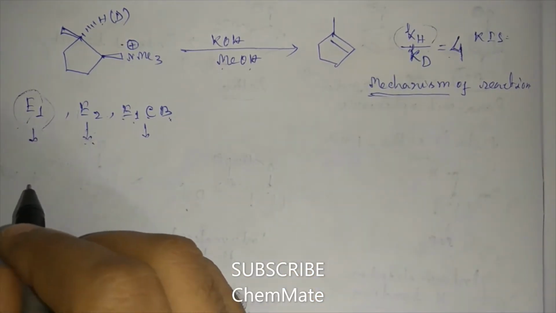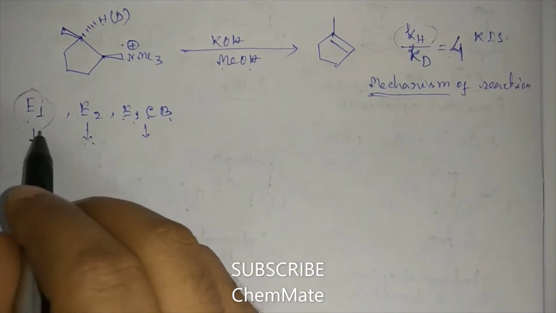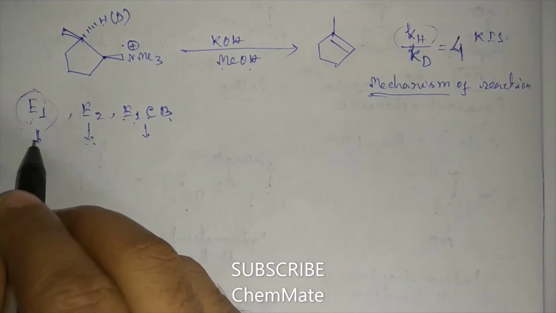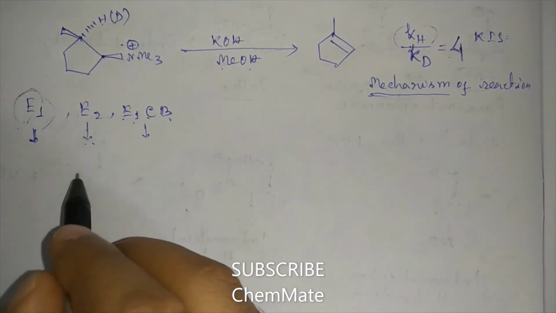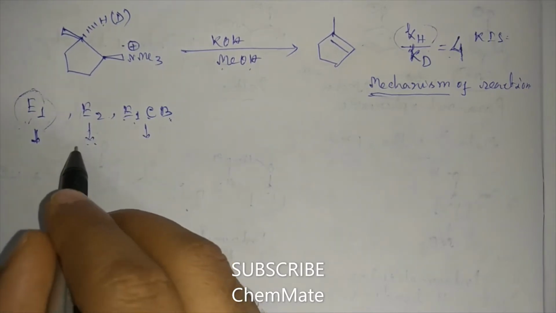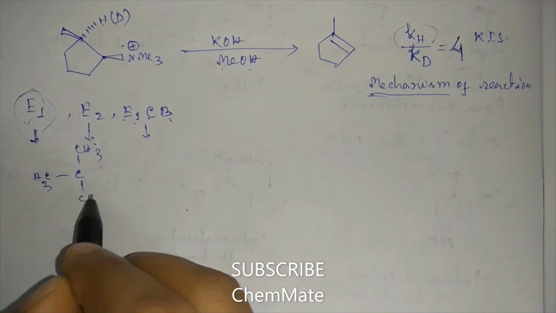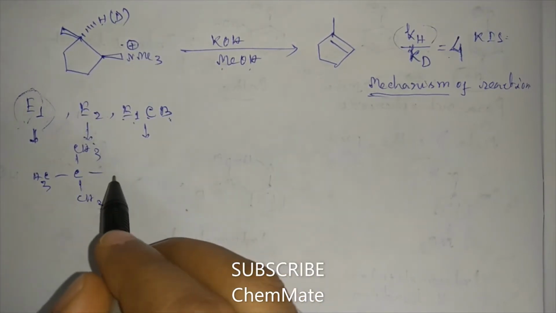In E1, when the E1 mechanism will occur, E1 mechanism will occur when a 3-degree carbocation will be formed.